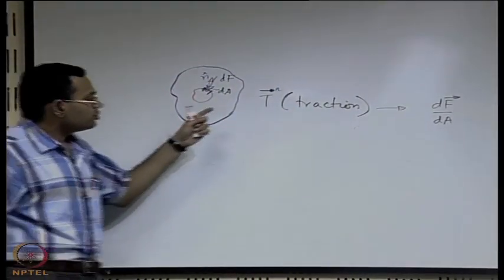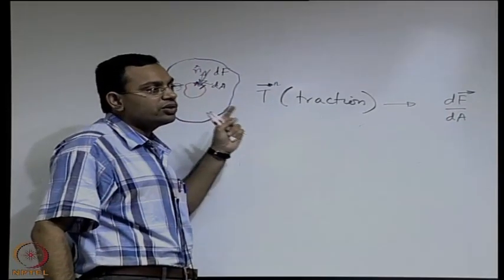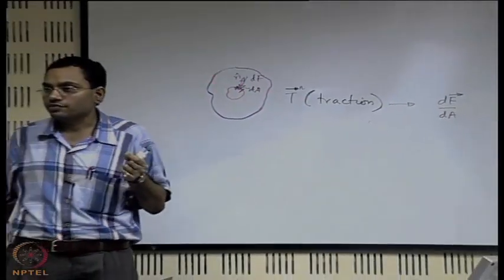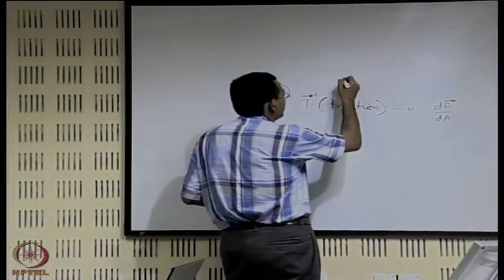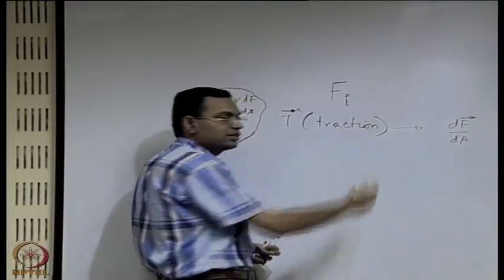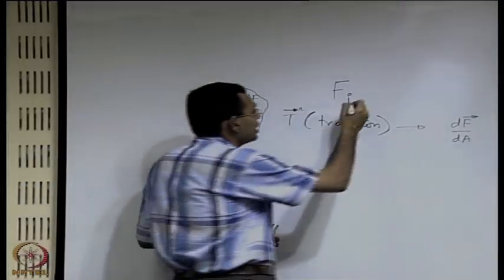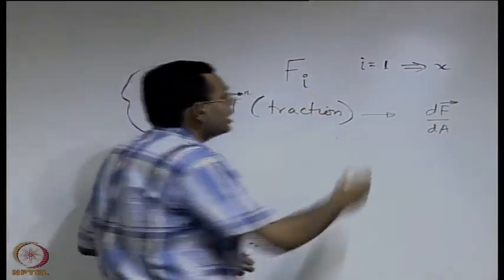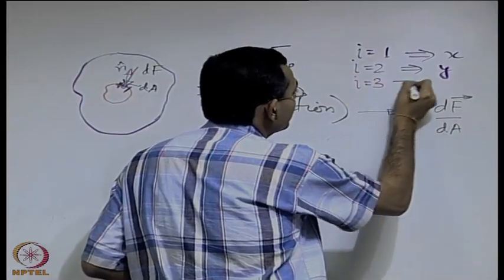Now, this traction vector is not something ordinary like any other vector. If you are talking about a force F, whenever you write the component of the force, you use an index i to denote the component. So, i equal to 1 means the x component, i equal to 2 means the y component, and i equal to 3 means the z component.